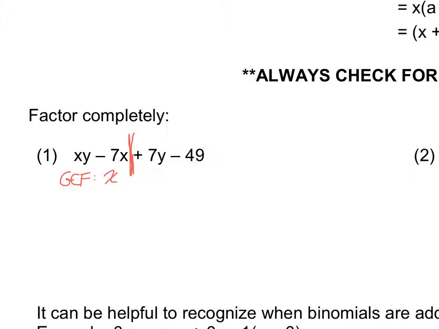But if you look at the second two terms, I have a completely unique GCF of 7. So for the first two terms, I'm going to factor out an x. For the last two terms, I'm going to factor out a GCF of 7.